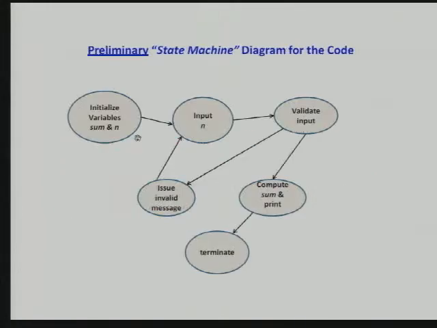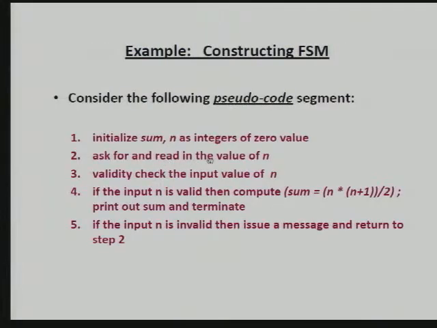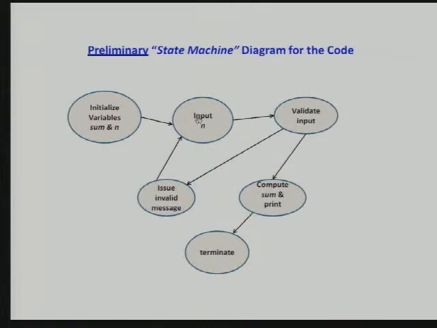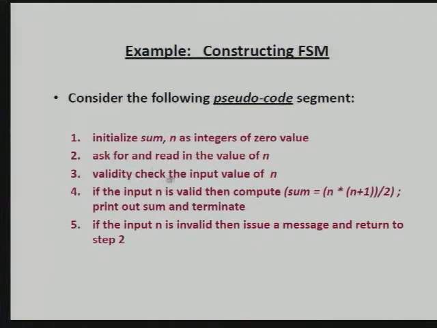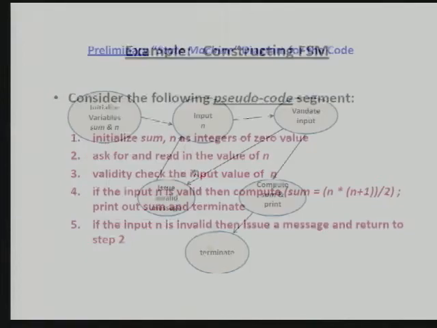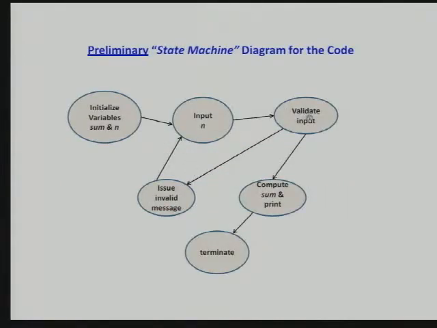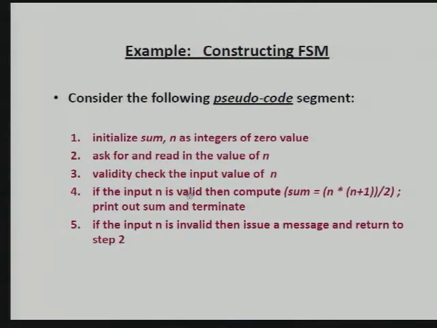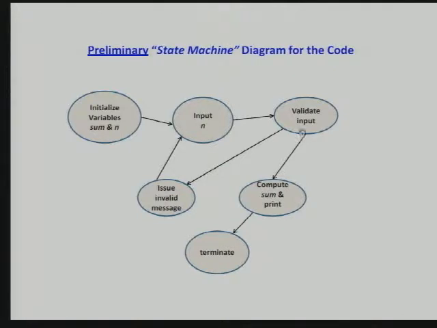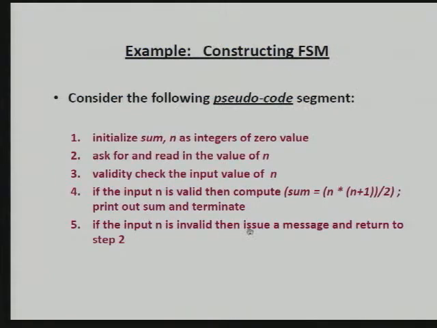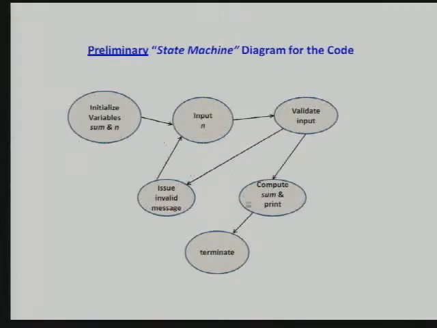Then ask for and read in the value of N, so I'm going to input N. Check the validity of N, so I'm going to validate the input. If it's valid, compute the sum, print it, and then terminate. Invalid, issue an error message, return to step 2.